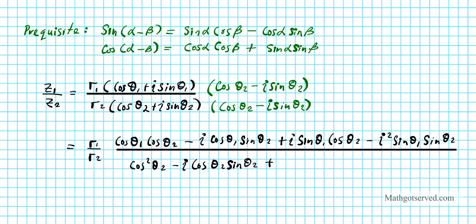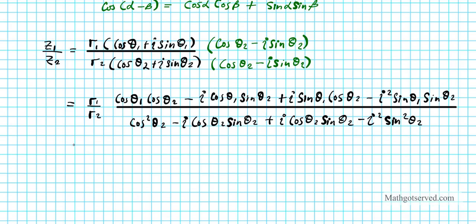And then for the inner, plus i. Let me use the commutative property of multiplication. I can switch the order of multiplication. So I'll have i cosine theta 2 sine theta 2. And then for the last, I'll have minus, because plus times minus is minus, i squared sine squared theta 2. Okay?